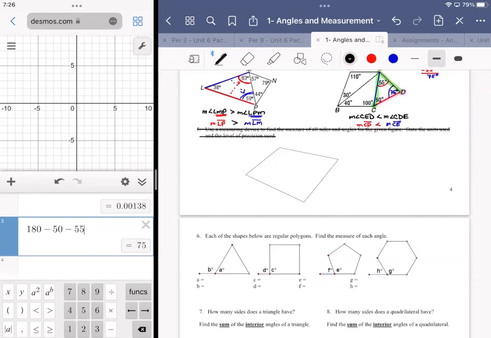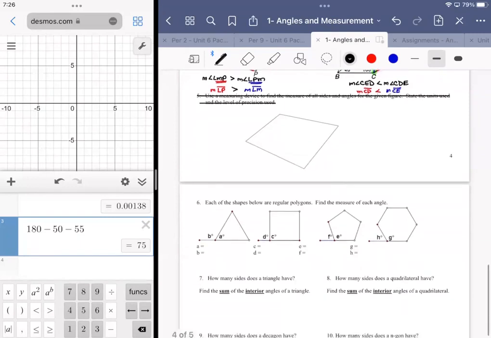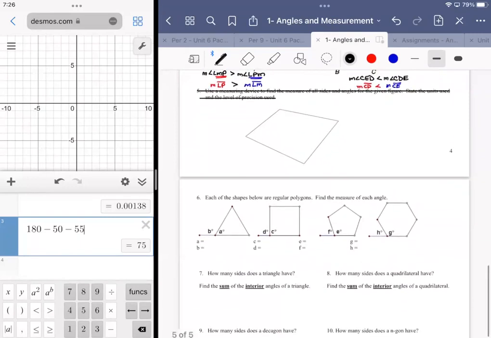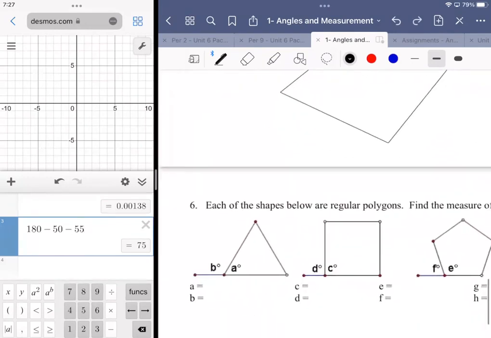Nonagons, nine-sided, decagons, you just take the number of sides in the figure and throw a gon at the end of it, and for large numbers you'll have an appropriate name for a polygon. And so you'll see here number 10 where it says, how many sides does an n-gon have? You're like, oh, wow, this just got a little crazy, right? But just keeping it simple, a regular polygon, all sides and angles are congruent.